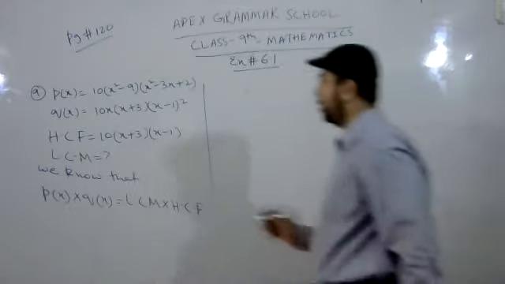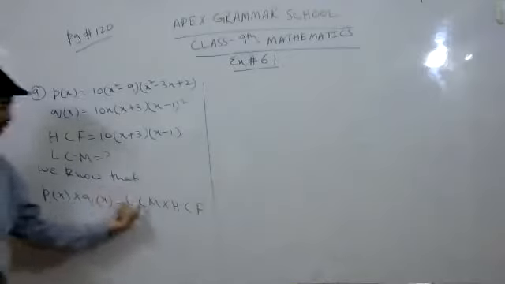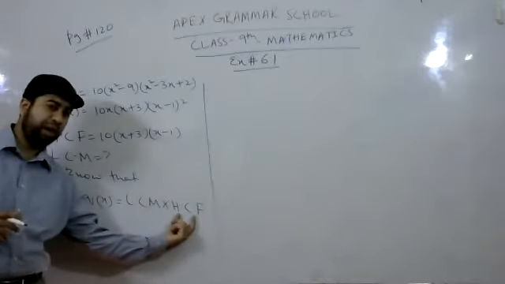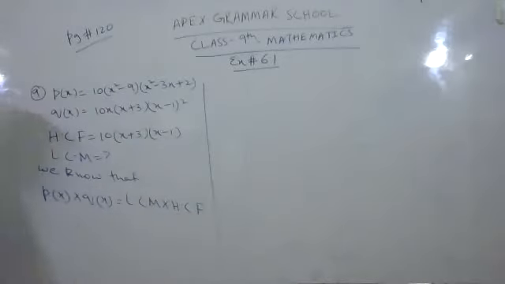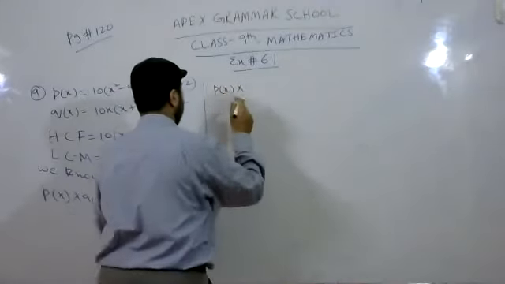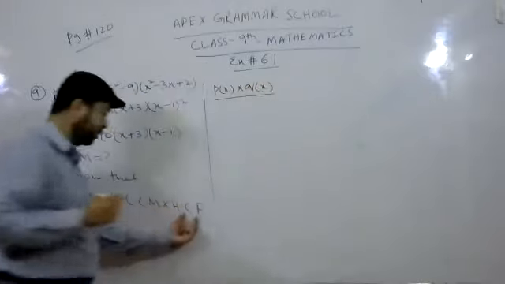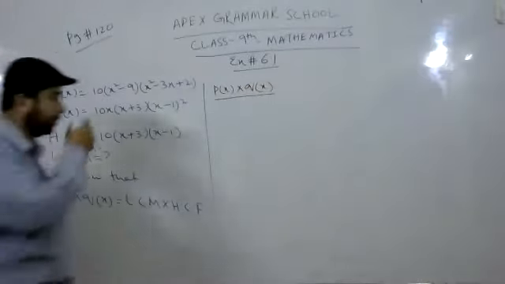Now you need to find the value of this LCM. So this LCM is here and HCF is multiplying, so we're going to divide there. So we can write it as p of x multiplied by q of x divided by this HCF.